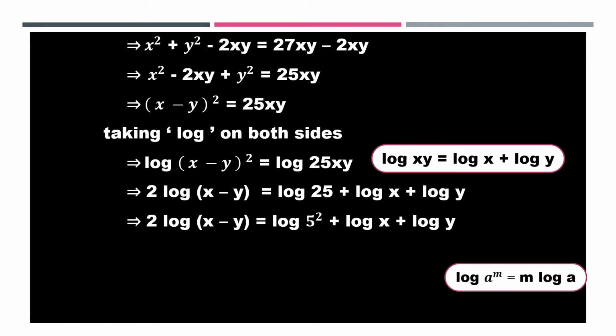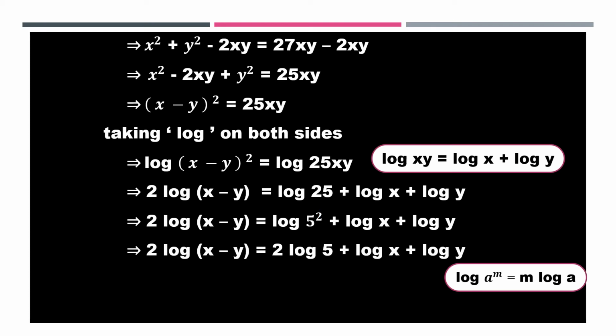For the properties please follow the link in the description. So this 2 will be given to the front: 2 log 5 plus log x plus log y. So this is what he asked: 2 log (x minus y) equal to 2 log 5 plus log x plus log y. The only thing you should do is first see in the question whether it is x minus y or x plus y.